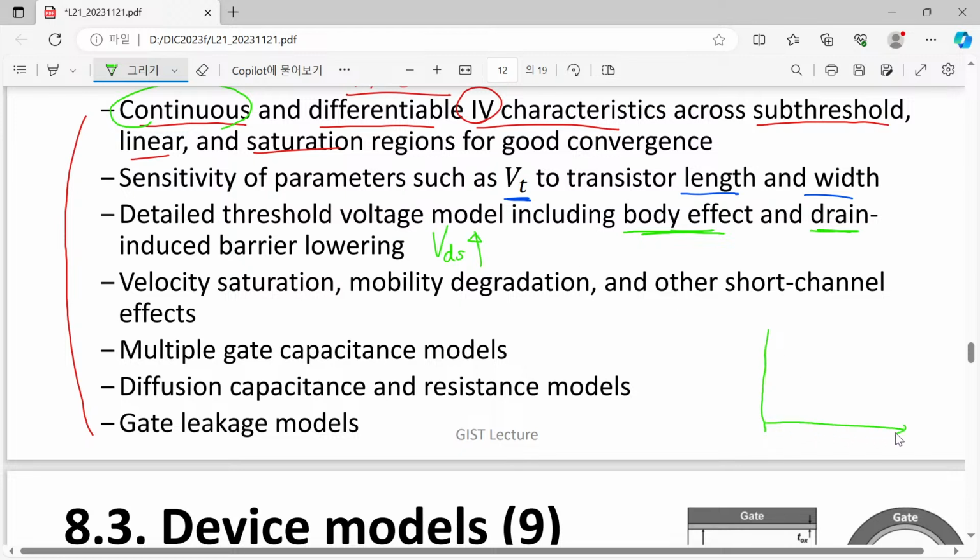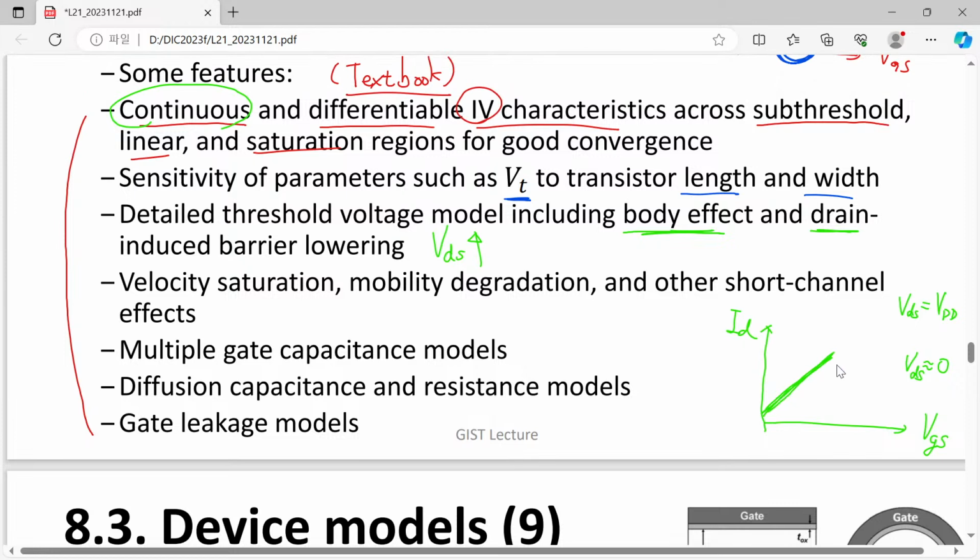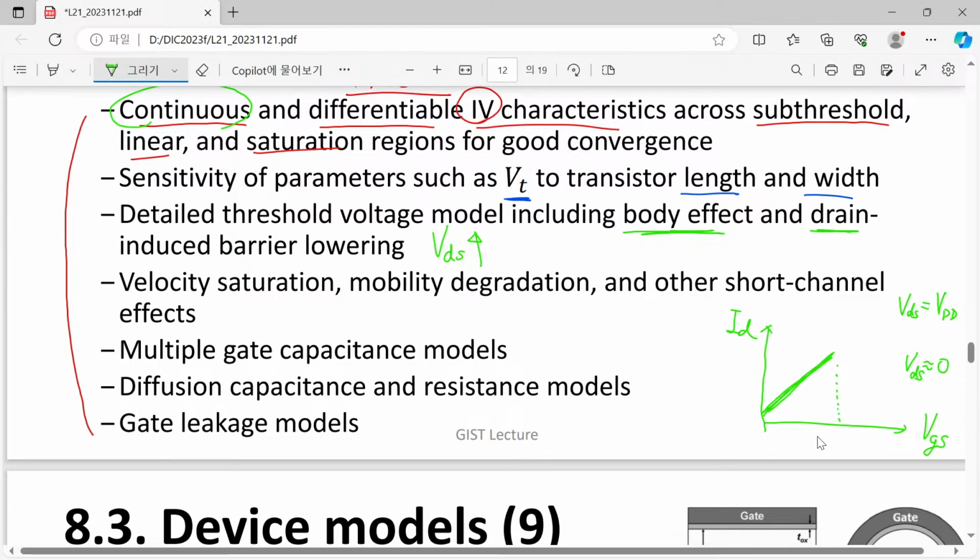So in terms of this ID versus VGS, we can try two different things, like VDS quite close to 0 and VDS equal to VDD. Ideally, we wanted to have a really ideal, well-matched line for this subthreshold region.